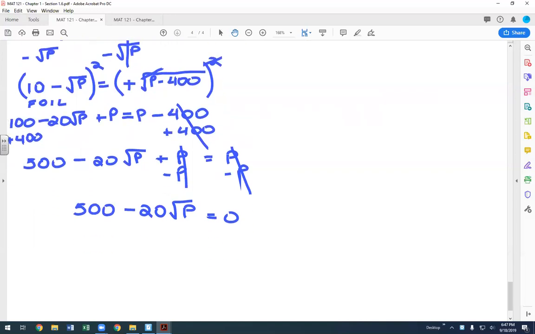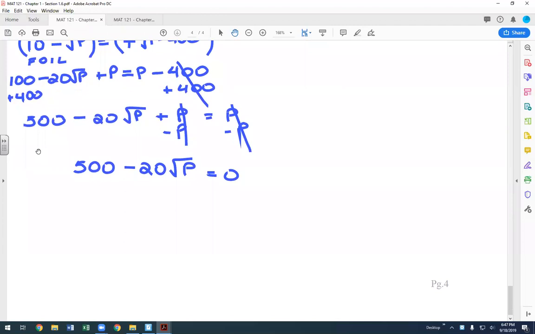Okay, so again, we still have to isolate that radical. So start by moving the 500 and then get rid of the 20. If you don't want to mess around with negative signs, let's go ahead and move that 20 square root of p to the right hand side. If you move the 500, that's also fine. You will still get the same answer.